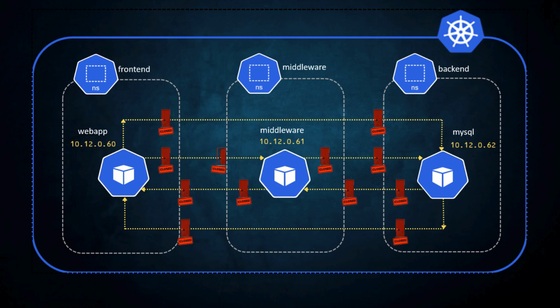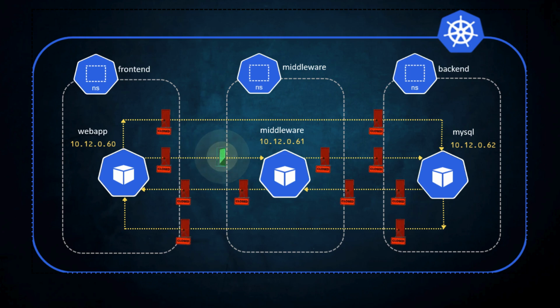Now imagine a set of virtual doors placed inside and outside of these namespaces. All these doors are currently closed, depicting the state of the cluster when the baseline default deny policies are enforced. By applying this allow ingress from front-end to middleware policy, we have essentially opened only this door.